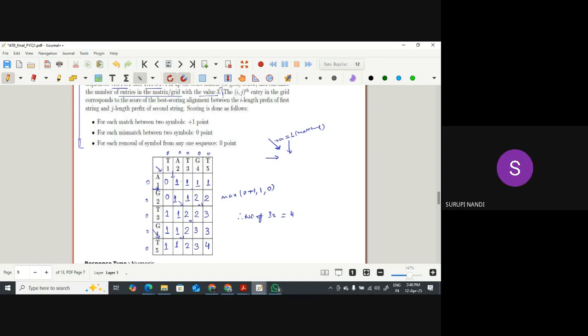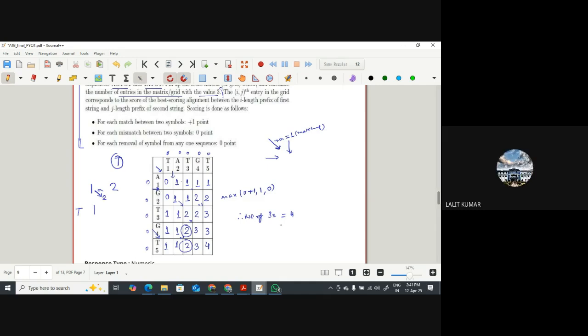Sir, in the last row, third column, will it be 2 or 3? This is T, the one below that. This one? Yeah, that one. Okay, see what is happening: this is 1, this is 2, this is 1, this is T, and this is T. So this T adds to this, and this becomes 2.